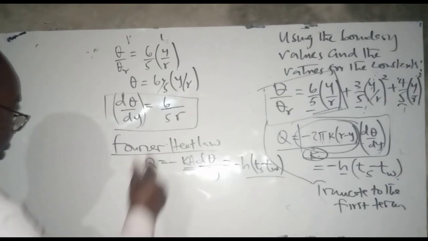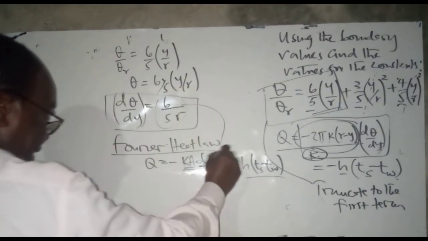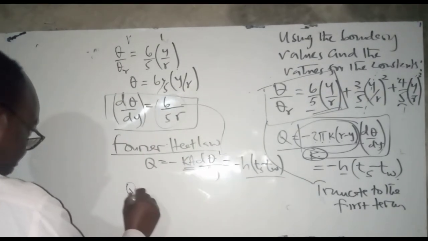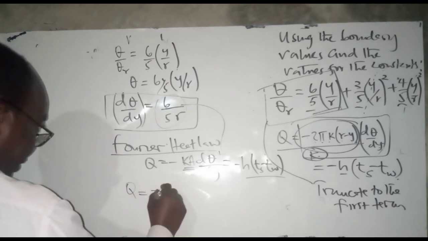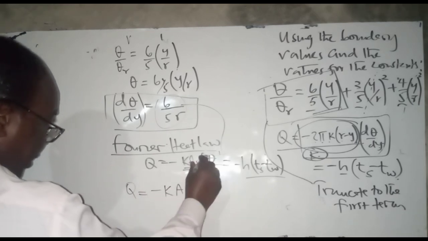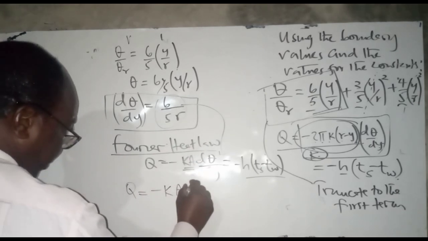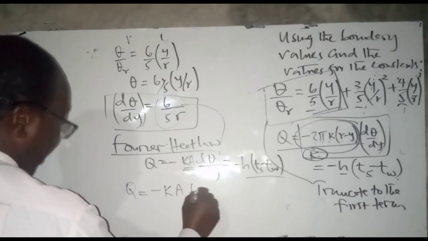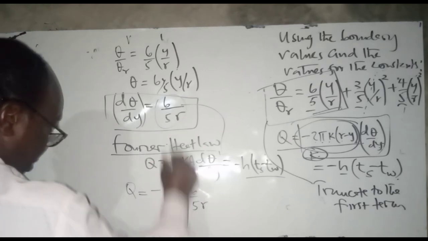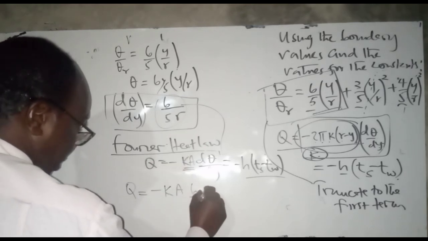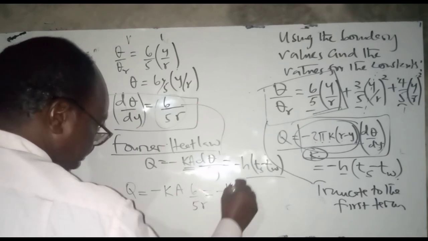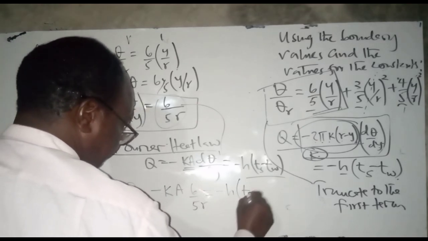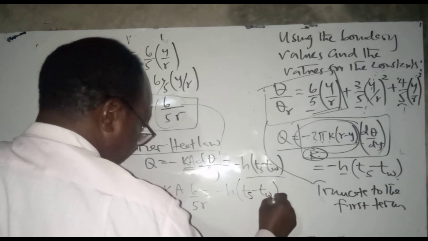And so we can put that expression here in the Q, therefore, is equal to minus K A 6 over 5 r, is equal to minus H Ts minus Tw.